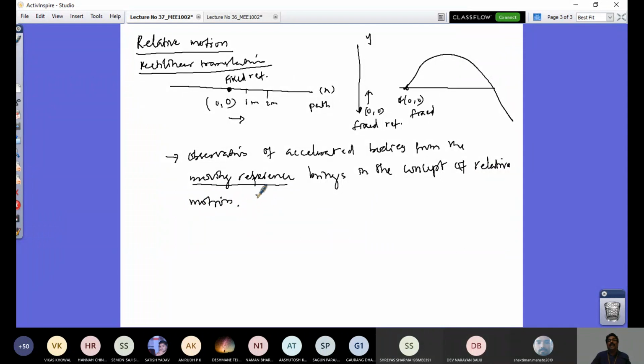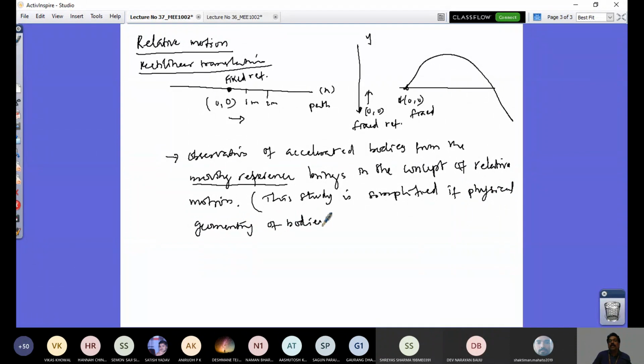Again, this study is simplified if the physical geometry of bodies is neglected. So what will happen? That is neglected. I have only particles in the sky.